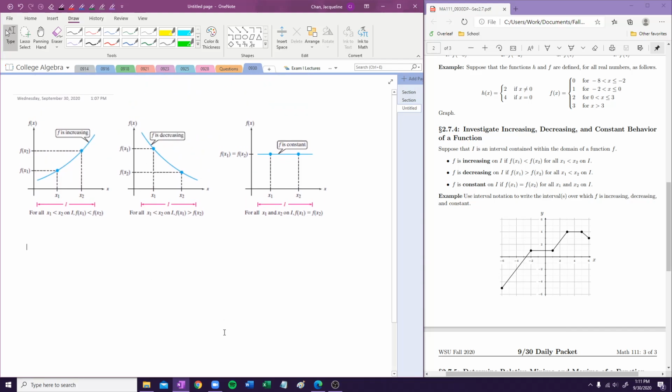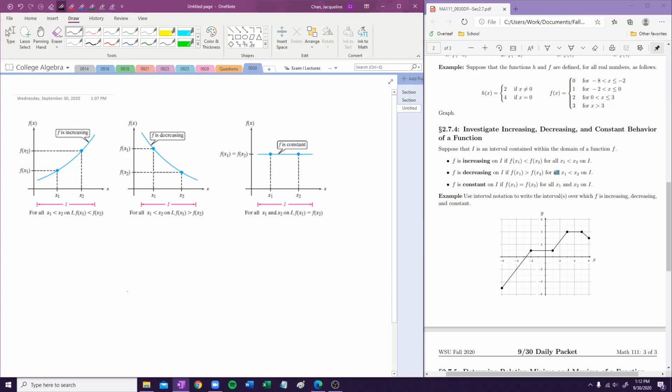So f is increasing on I, so this is the interval I, if f of x1 is less than f of x2 for all x1 less than x2 on I. So x1 is less than x2, but when I evaluate f of x1, that would be less than when I evaluate f of x2. That's when f is increasing. F is decreasing on this interval if f of x1 is greater than f of x2 for all x1 less than x2. So another thing is it's all.